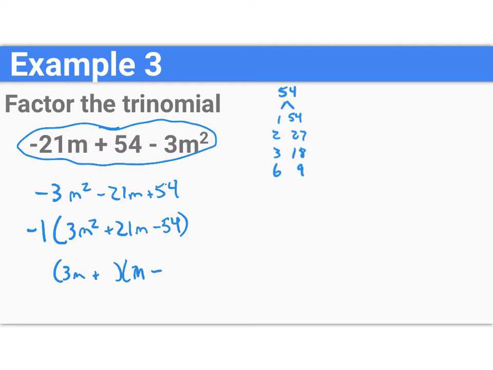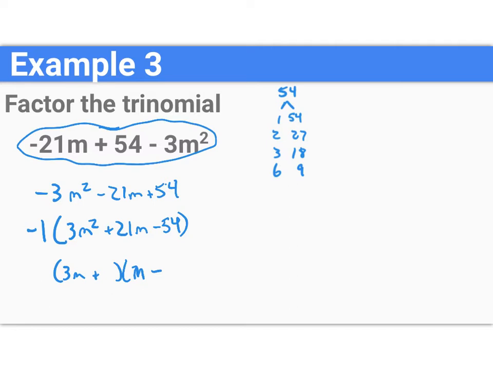Nope. 15, nope. 16, 32, 48, 64. Nope. 17, 34, 51. Nope. All right, so these are our factors of 54.